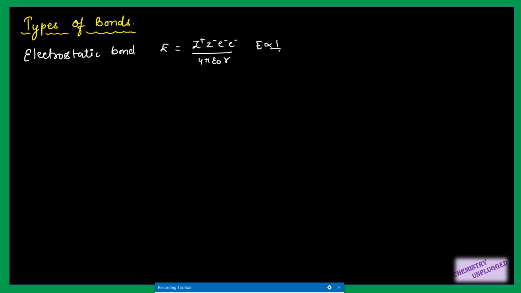Energy is inversely proportional to R, and these electrostatic or ionic bonds are non-directional in nature. This point is important. You should know that these bonds are non-directional in nature, but at the same time the covalent bonds are directional in nature, right?